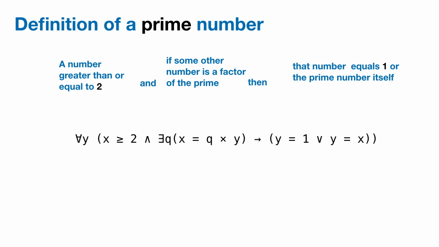Now, there's two things I want to point out about this definition. First, it's a short, concise way to describe an infinite set of numbers. And second, it's a mathematical description. In addition to the basic logic parts of the statement, we use the concept of equals, greater than or equal to, and we use multiplication. That's it.